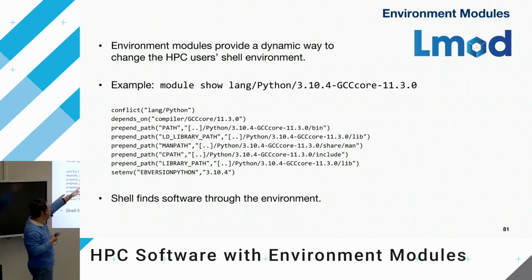For example, if you want to learn in great detail about the installation of Python with a specific version, and which GCC was used to compile this Python, you can find it out by using module show followed by the package. And then the shell is able to find this specific GCC Python version easily.